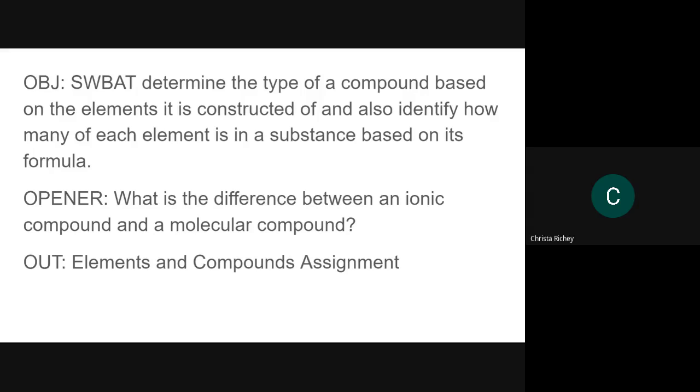What's the difference with, I mean, obviously an element is just an atom. It's 118. But what's the difference between something that's ionic and something that is molecular or covalent? Because those words are interchangeable. Goodness, y'all. What do ionic compounds always tend to start with? Metals.